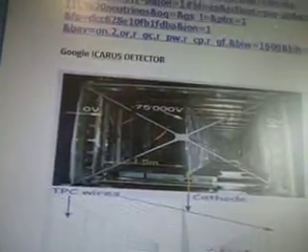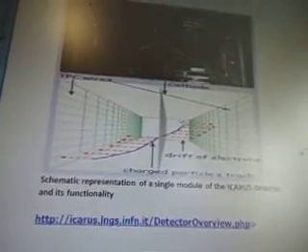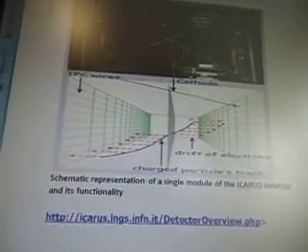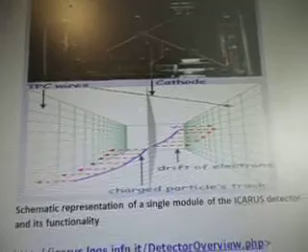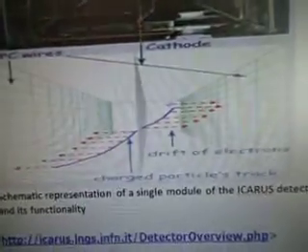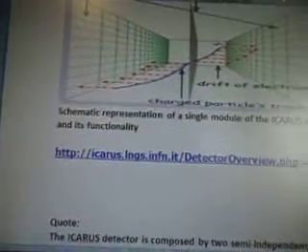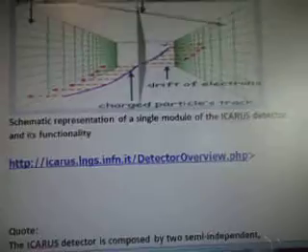And then I Googled ICARUS detector to see what it looks like, and this is what it looks like. Picture here: schematic representation of a single module of the ICARUS detector and its functionality. This is charged particles, track, drift of electrons, cathode, and TPC wires. You can see that there. So it's from icarus.lngs.infn.it.